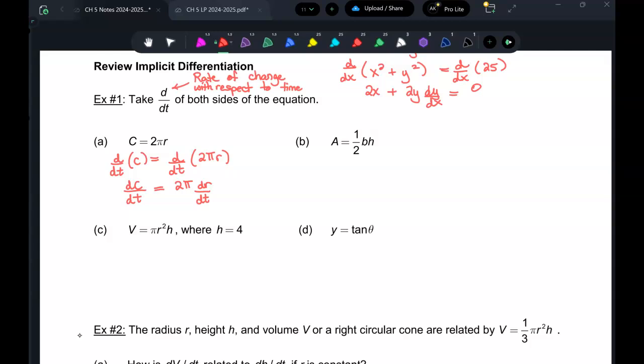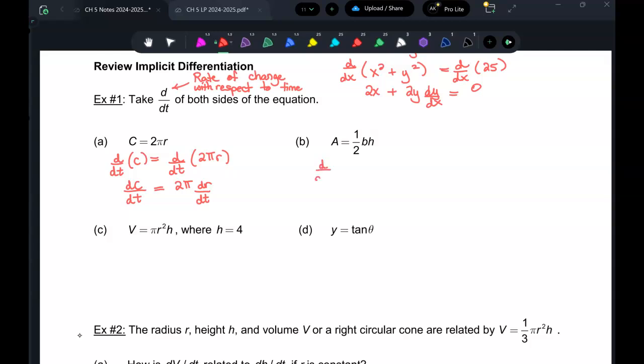Well, if I take the derivative of 2 pi r, that would be 2 pi times dr dt, because you can't get rid of any of these variables, because it's with respect to t. It's like the derivative of C would be 1 dC dt. This would be 2 pi dr dt.